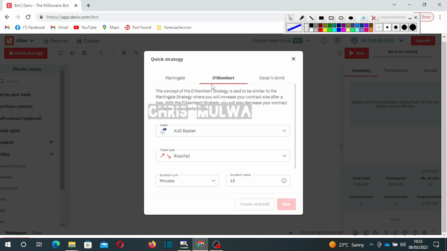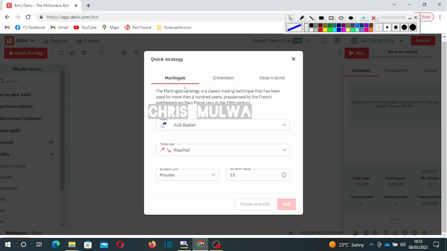But with Martingale, when you win, the contract goes back to the same, such that if your stake was 2, everything will go back to 2. That is, your contract will go back to $2.